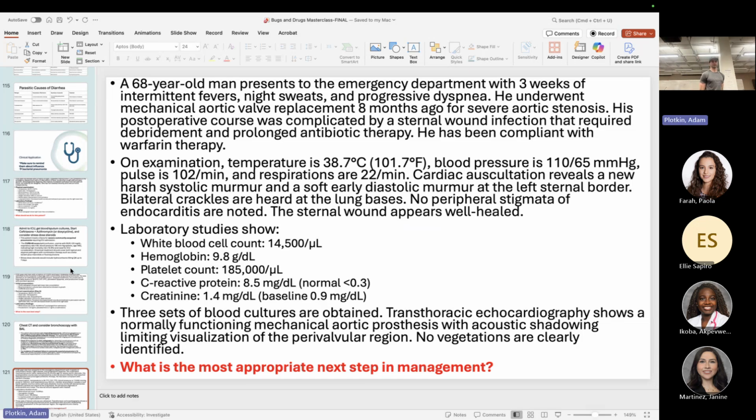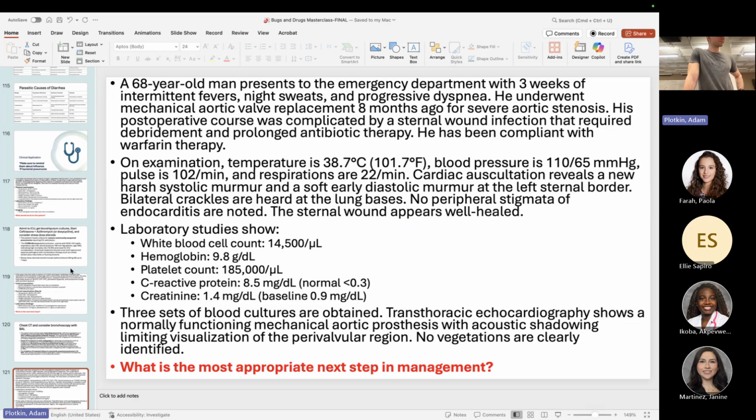What else are we gonna do for this guy? Well, let's get a chest X-ray to see if he has chronic. So what's the news? Maybe it's supposed to do all of them.